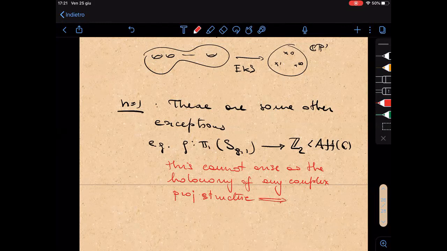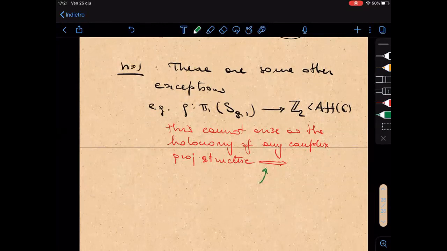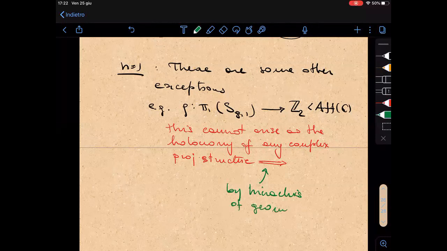And then, if you remember the hierarchy of geometries, a complex projective structure is something weaker than an affine structure.